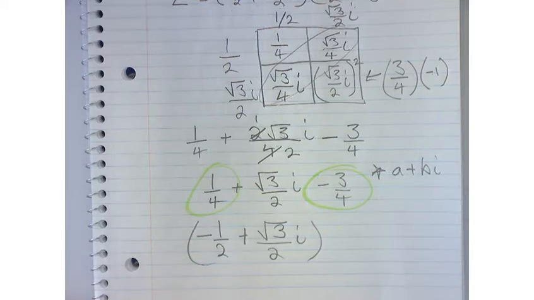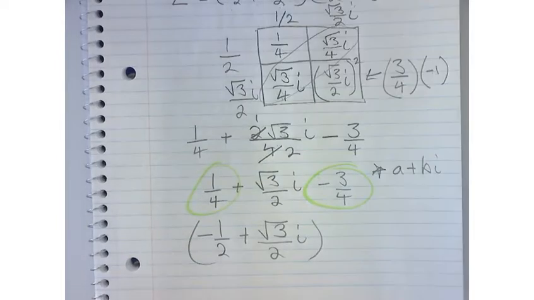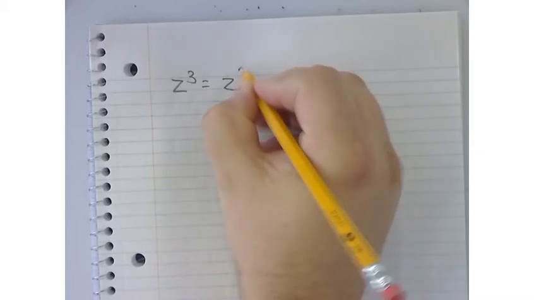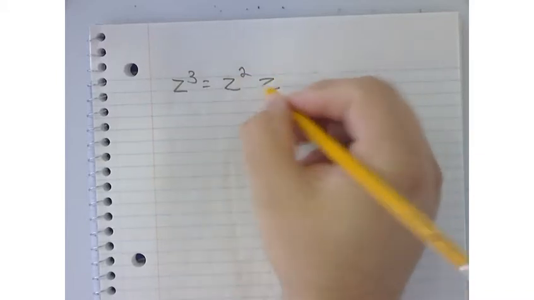Double check it. Is that the right answer? Are we done? No. We need to find z cubed. Nice try. Haha. So to find that, z cubed is equal to z squared times z, isn't it?